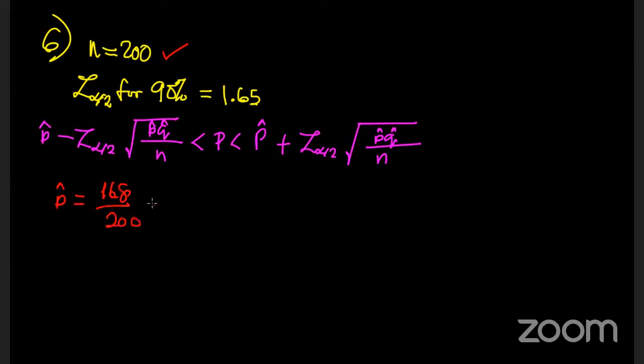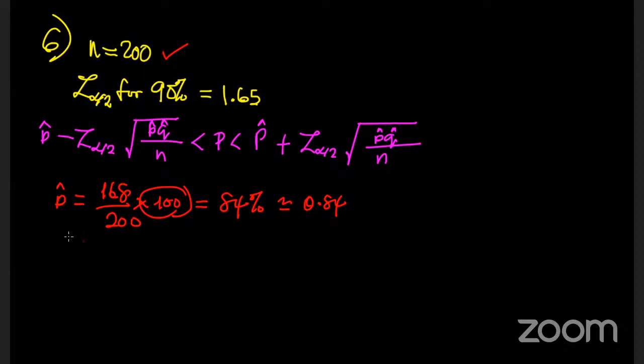We divide 168 by 200. Multiplying by 100 gives 84%, but there was no need, because we need the decimal value, 0.84.